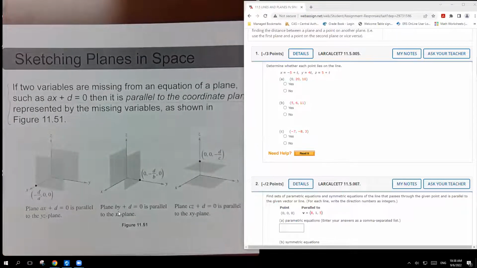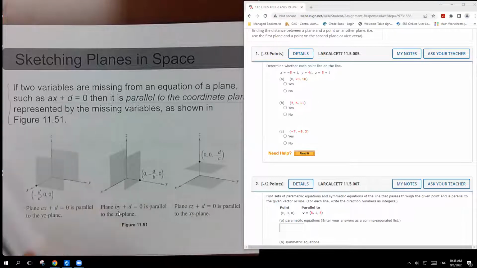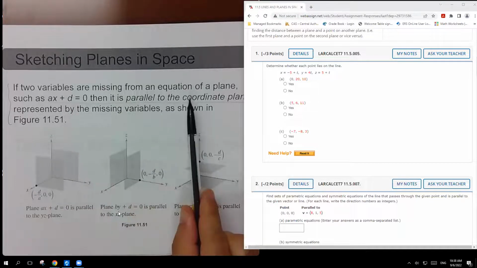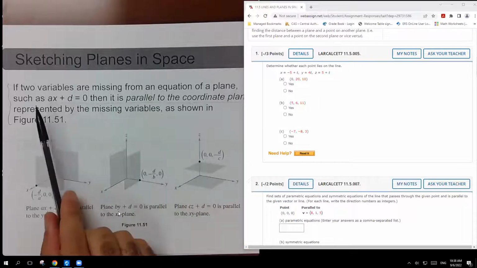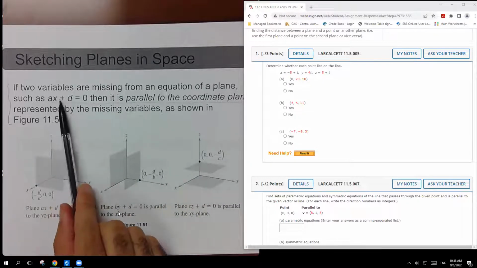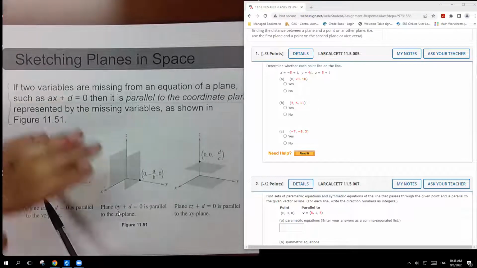And here's another note. If you're missing 2 variables, in this case, it's going to be parallel to the coordinate plane represented by the missing variables. So here, we're missing XY. That means the new plane is going to be parallel to the XY. Parallel to the XY coordinate, that means like this.